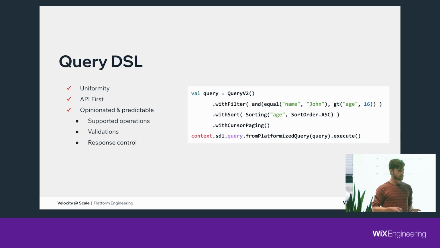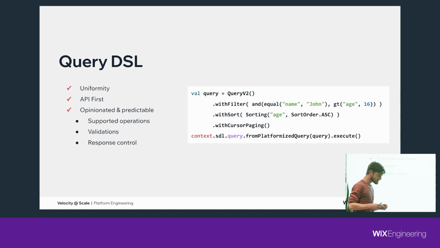As part of this effort, we developed what's called Wix Query DSL. It's an internal DSL for filtering. Nothing fancy. SDL supports this DSL out of the box. You can receive this query at the endpoint, throw it into SDL, and SDL will know what to do with it.